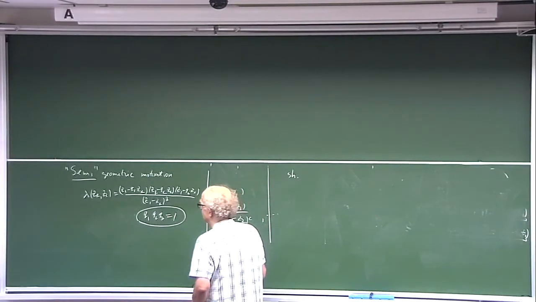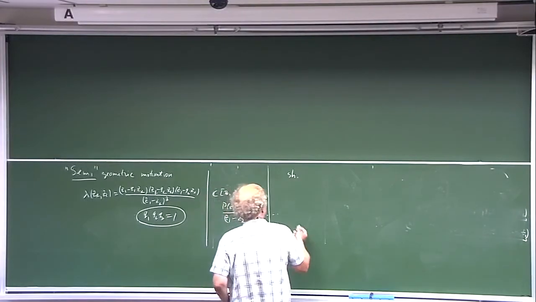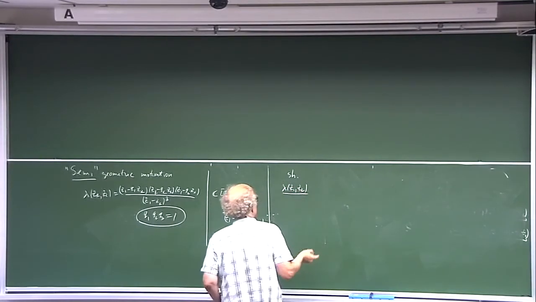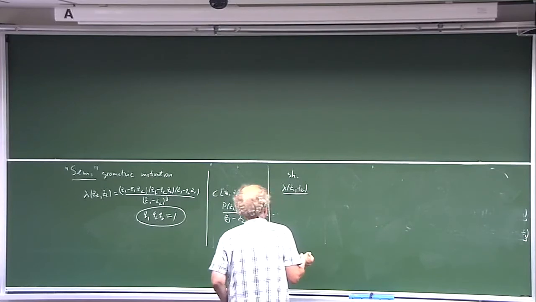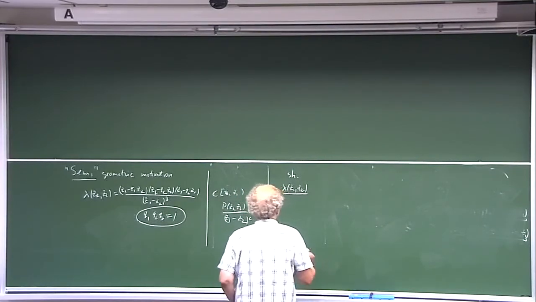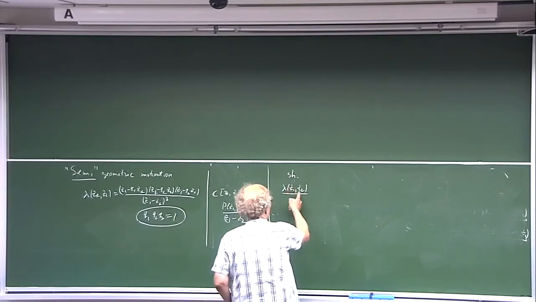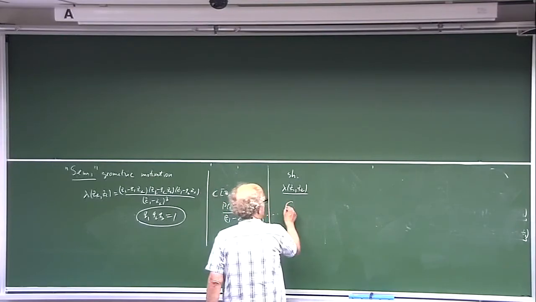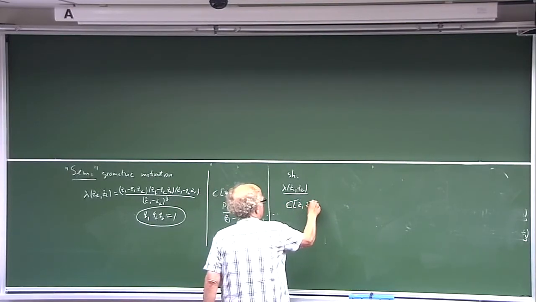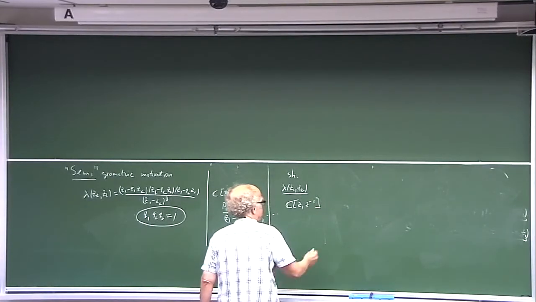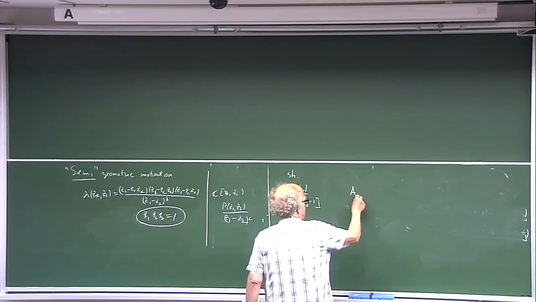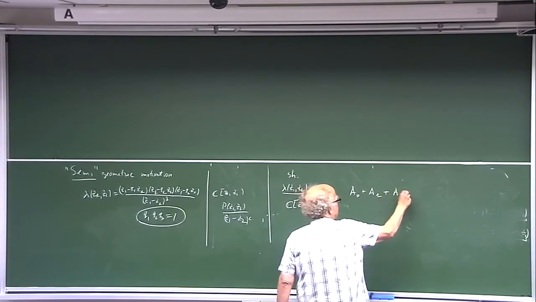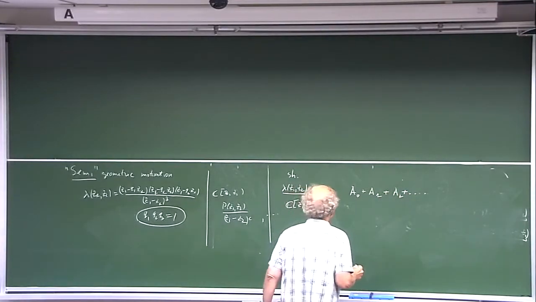Suppose we have a shuffle algebra with some function lambda z1, z2, and it does not matter even what function it is. It's much more general, but in our case, suppose that the algebra is generated by just the inverse. So the algebra is A0 plus B1 plus B2 plus so on.